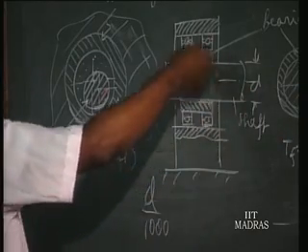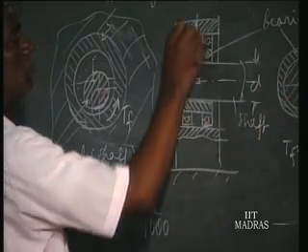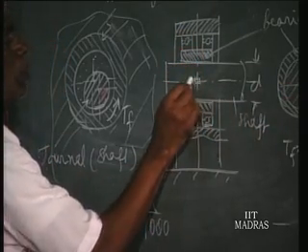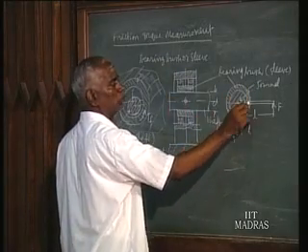Now, suppose the shaft is rotating in the direction shown here. The sleeve also will be trying to rotate, but it is not allowed to rotate. Suppose I take the cross section here: one lever is fixed to the sleeve, that is the bush.